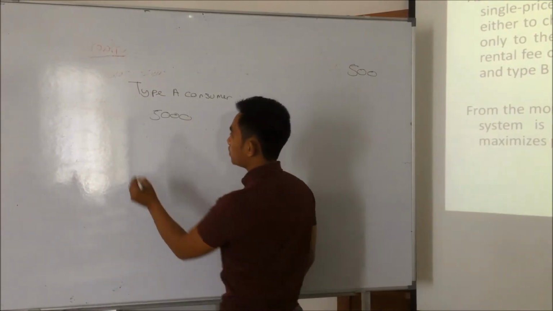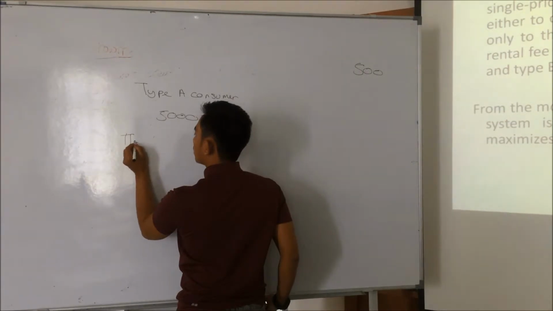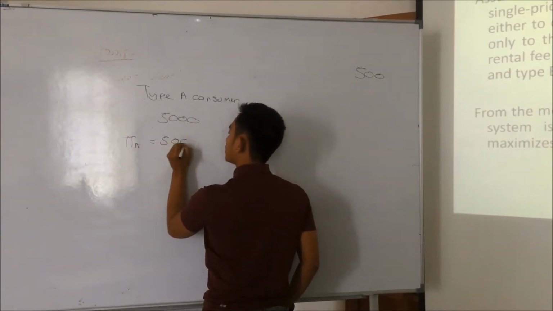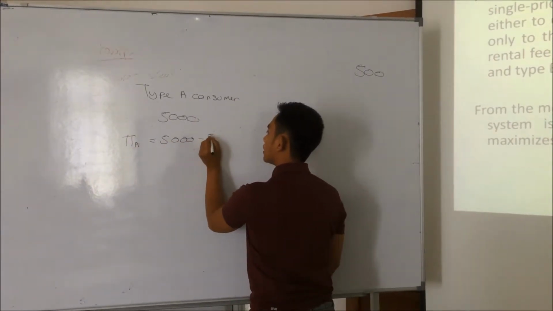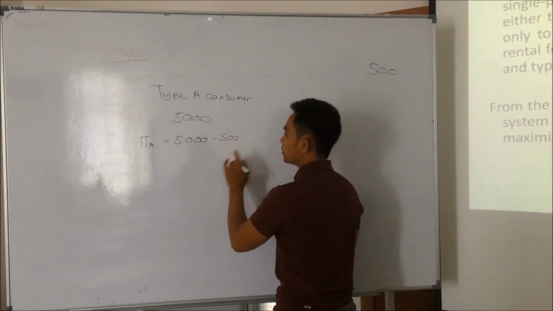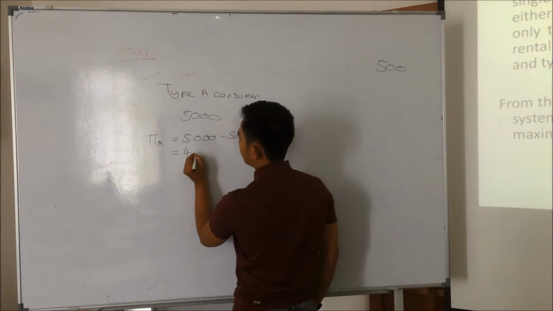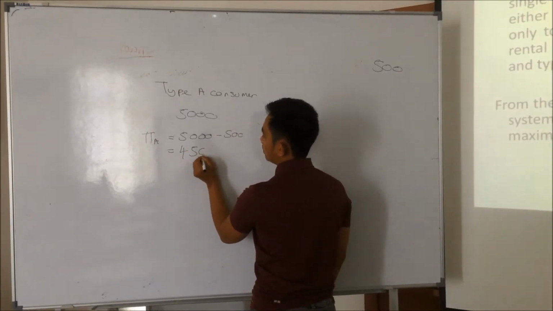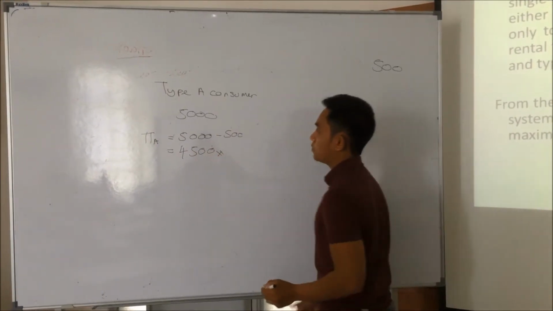The profit of A is 5,000 minus 500, 500 only. The answer is 4,500. This is for the type A.